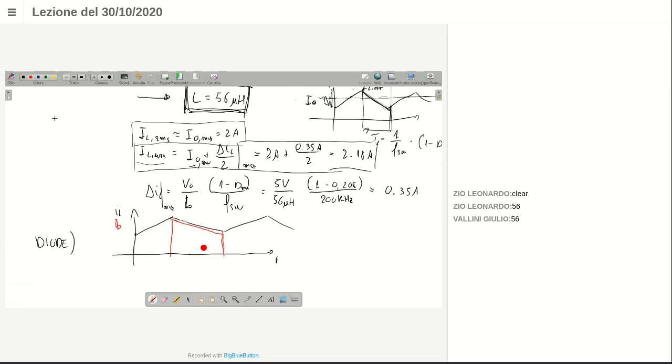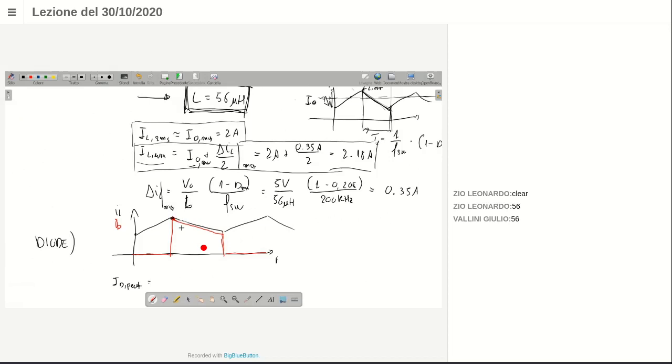Based on the waveform of this current, we can choose an appropriate diode. For instance, we require that the diode can sustain a peak current that is equal to the maximum current that we have found before.